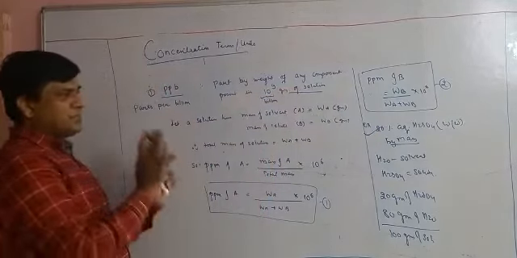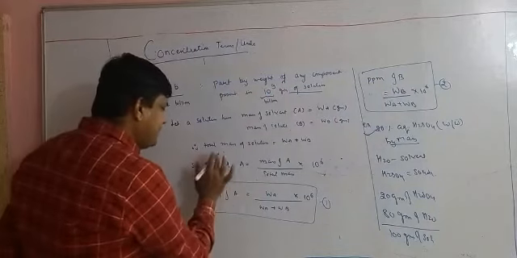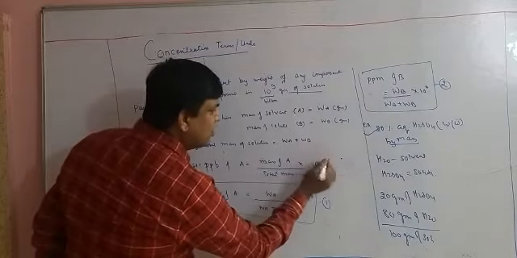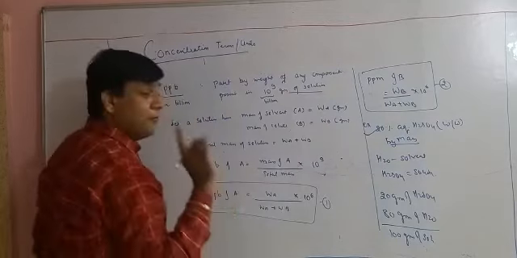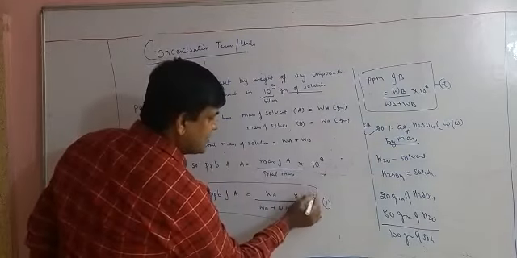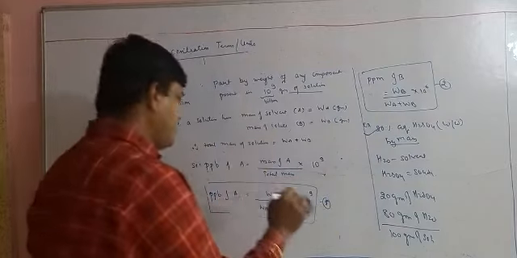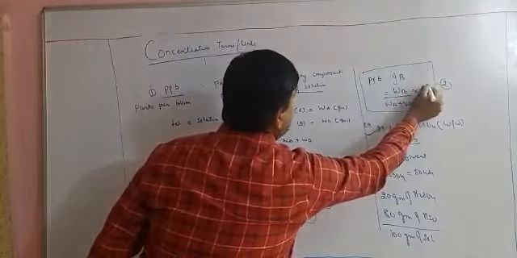Same formula, same repetition, but the only change is that ppb of A is equal to mass of A upon total mass into 10 raised to power 9. Similarly, ppb of A, this is the formula number 5, 10 raised to power 9. And if we go for the ppb of B, the formula is again the same, 10 raised to power 9.